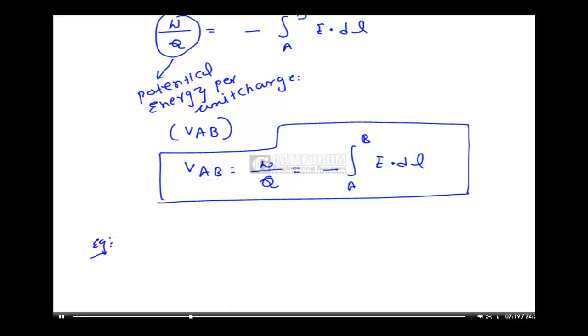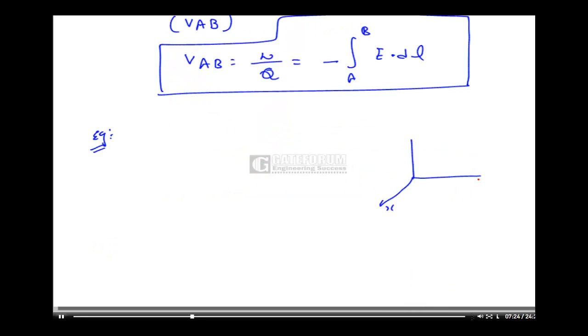For example, this is X, Y, Z, this is the origin, this is P, at distance R. Suppose charge Q is located at this particular origin. And what is the electric field? The electric field is given by Q by 4 pi epsilon naught R square, a_R bar.